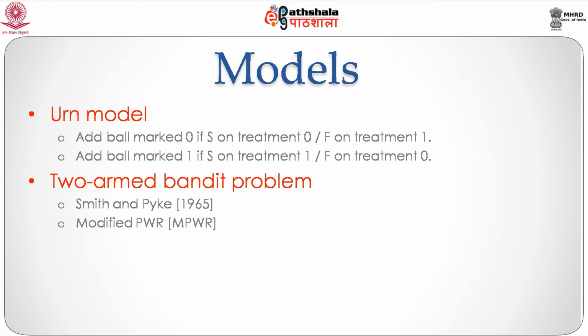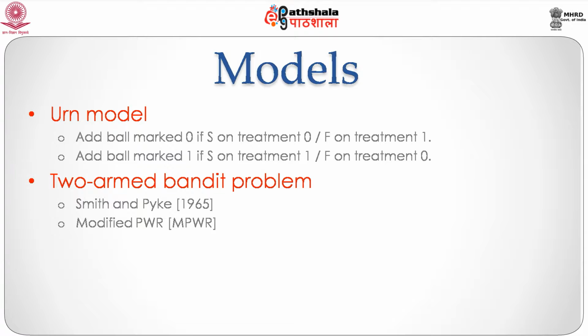Now note that there is a slight difference with the play the winner rule in that the outcome of the preceding trial is always known at the time of a particular trial. That is, we know the outcome of the n-1st trial at the point at which we are conducting the nth trial. This will not necessarily happen for a clinical trial.